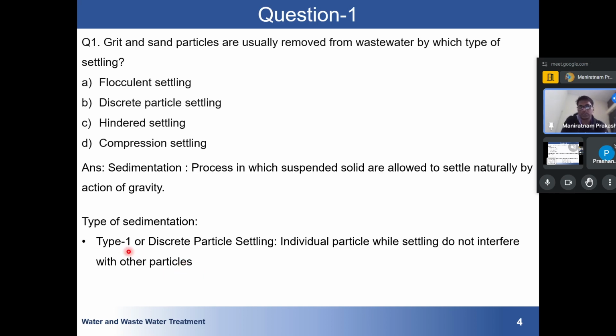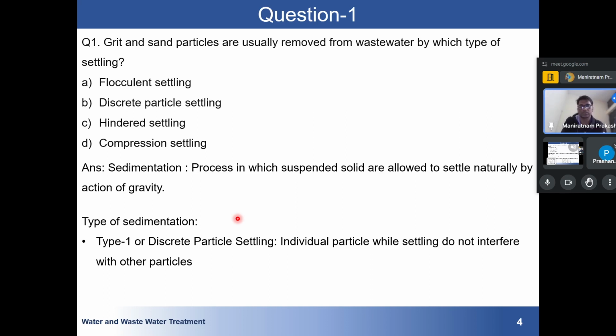So in which kind of system might this settling happen? Generally this happens with suspended solids in the system. The water will pass through the grit chamber, and that particle will settle down on its own.